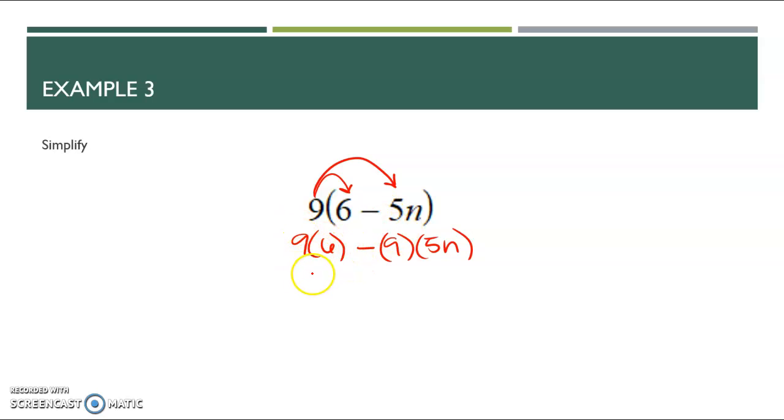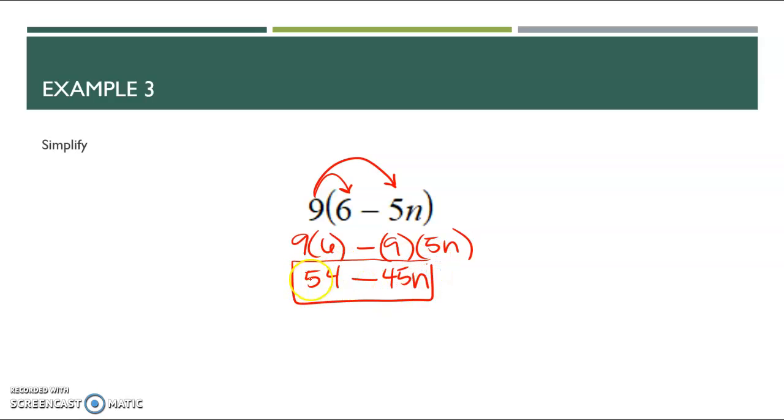So then 9 times 6 is 54, minus 9 times 5 is 45. So we're going to take the 9 times the coefficient, and then we keep the variable. And then I look at this, and this is a constant, and this is a variable term, right? Or a term with a variable. And they don't match.